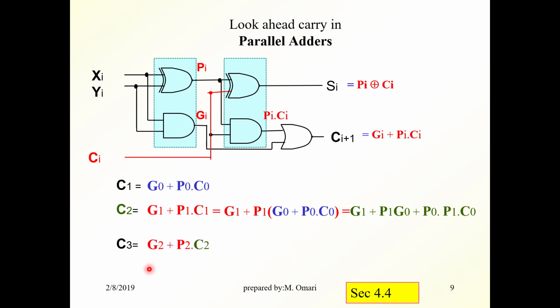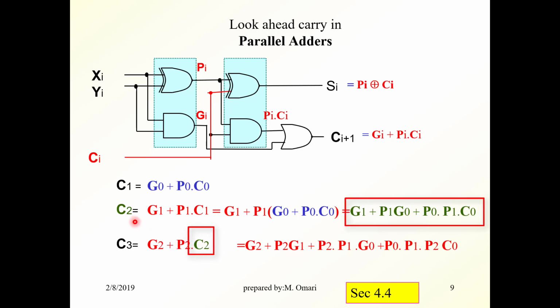Now we can anticipate what C3, the carry of the third stage, is equal to. Replace i here with 2. So we get G2 ORed with P2 C2. And this is equal to this. Replace C2 from this equation here.